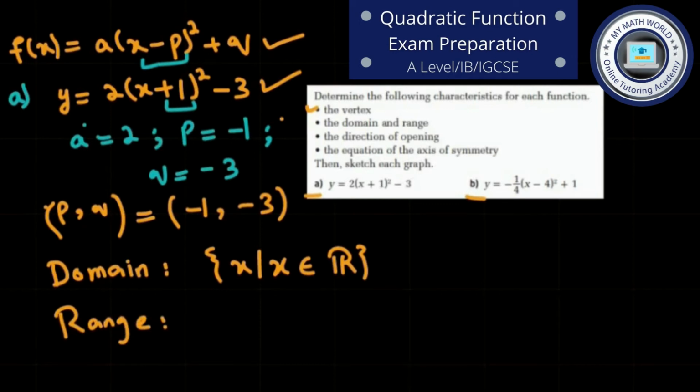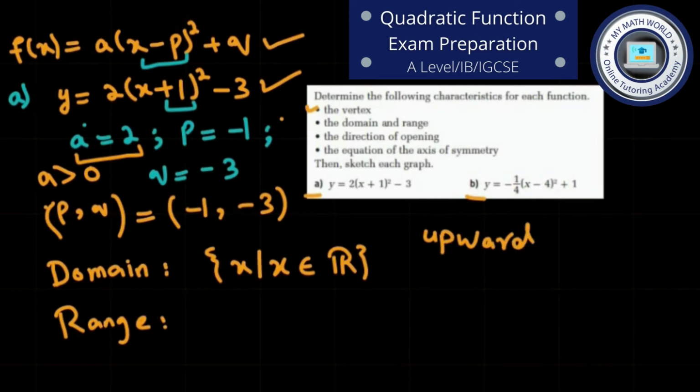Okay, for the range we have to first consider this value of a, which is positive. I can write a is greater than 0. That means it is positive. So then if it is positive, that means direction of the graph would be opening upward.